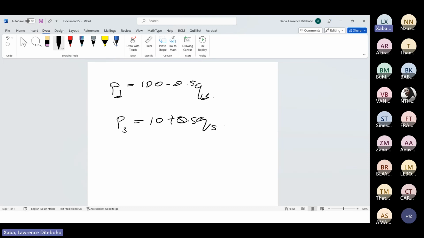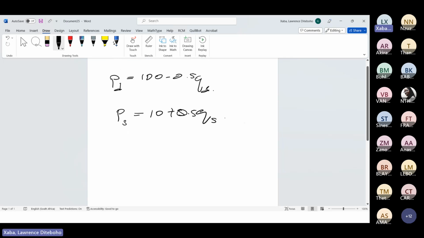Yes, we are not supposed to transform it. So we still do, whereby now we equate P subscript D equals P subscript S.